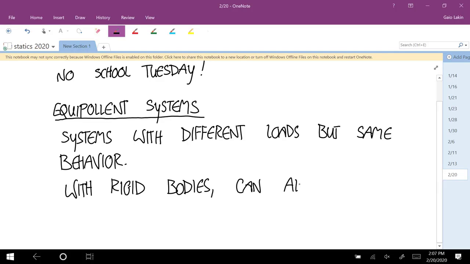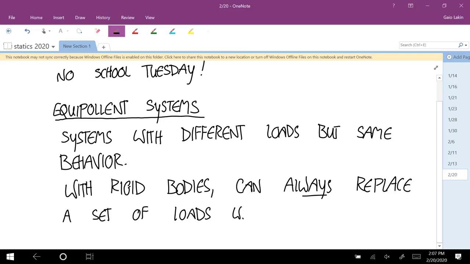you can always replace a set of loads with an equipollent set of loads.